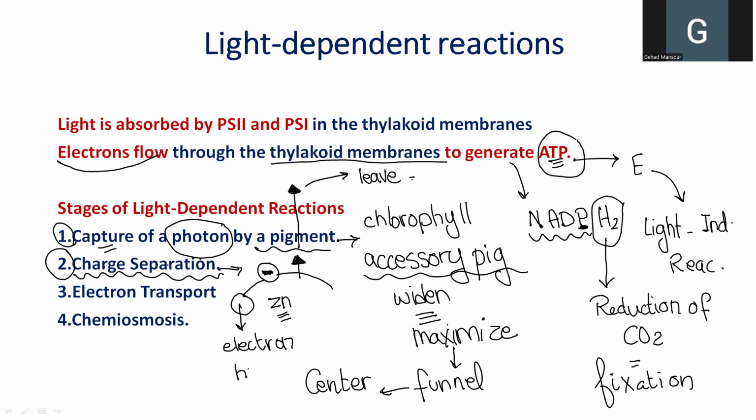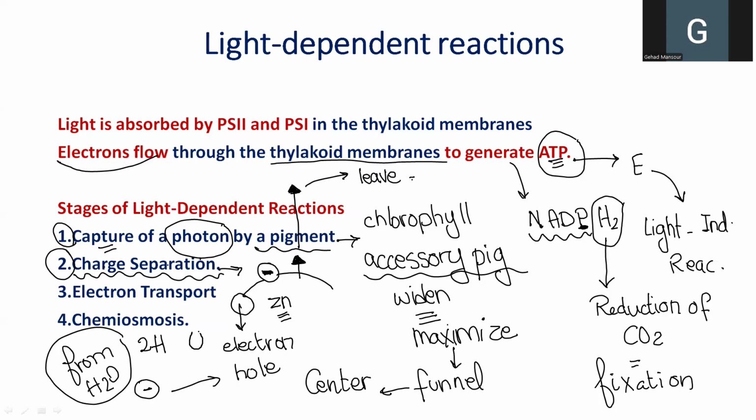And this electron hole will be replaced by an electron, as we have said before, from the water molecule. Because the water molecule undergoes photolysis and is split into two hydrogen atoms and one oxygen atom, and the two hydrogen atoms will further be split into two protons and two electrons.